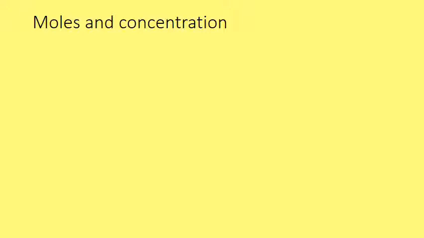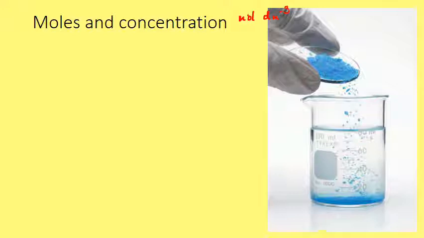Concentration is defined as how many moles of a substance are dissolved per 1 decimeter cubed of solution, and the units are moles per decimeter cubed. So let me just write that up here for you, moles per decimeter cubed. And like we said, we're dissolving stuff, in this case copper sulfate, in solution, in this case water, to make a copper sulfate solution.